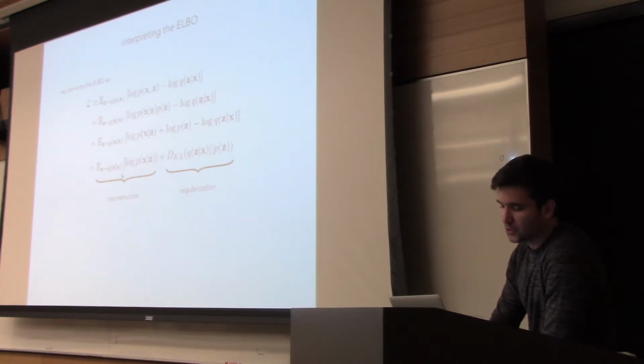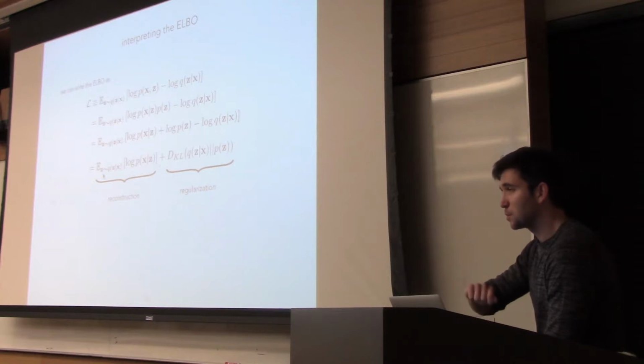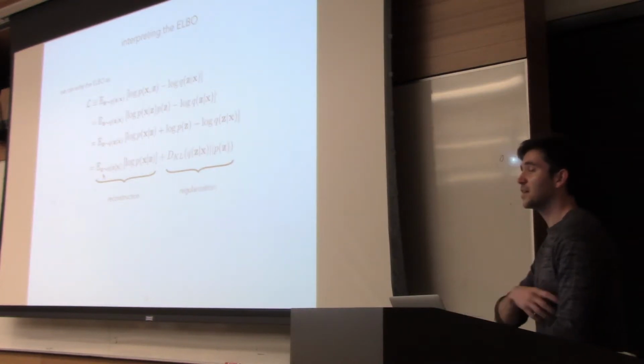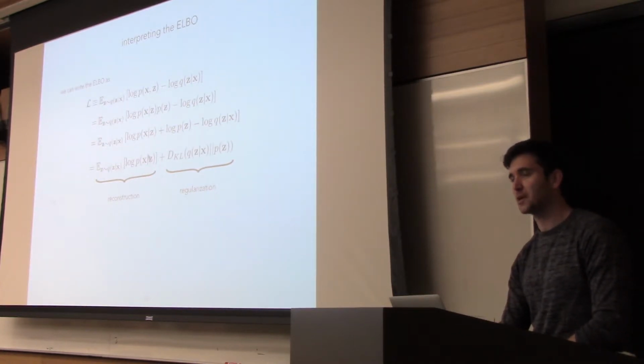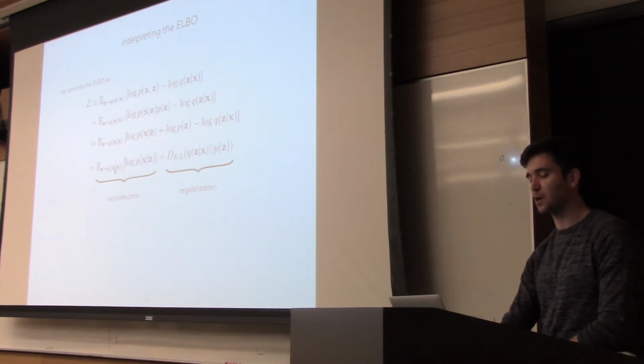So why are these reconstruction and regularization? This is saying, given that I have sampled Z from this approximate posterior, you can think of the approximate posterior as a latent representation. Given that I've sampled Z from this latent representation, I want to maximize the log probability of whatever example this is corresponding to.